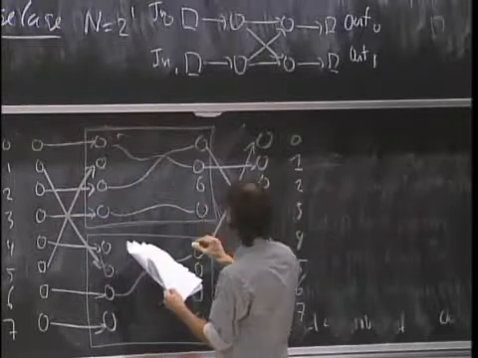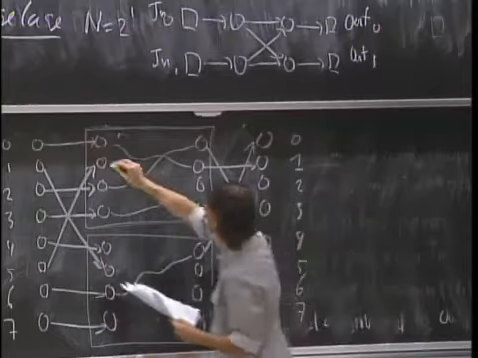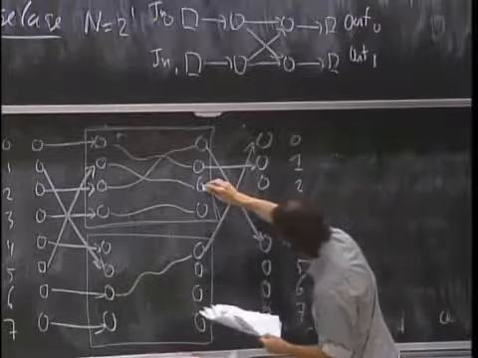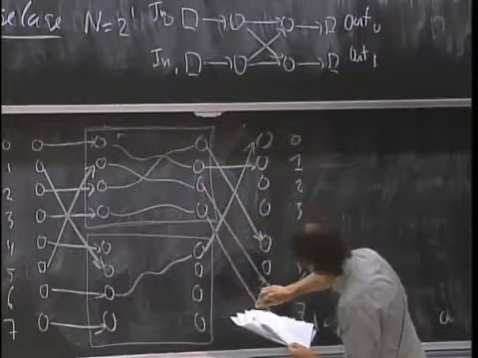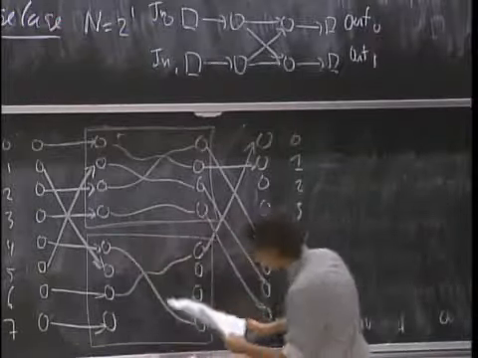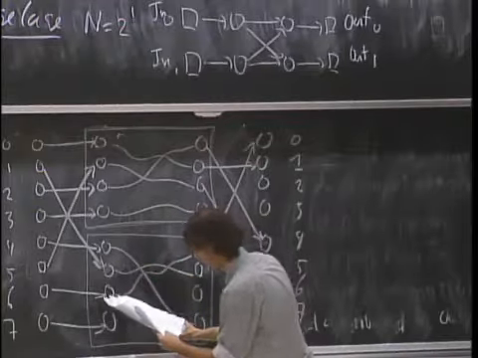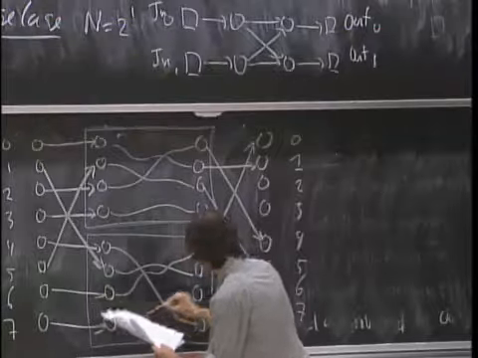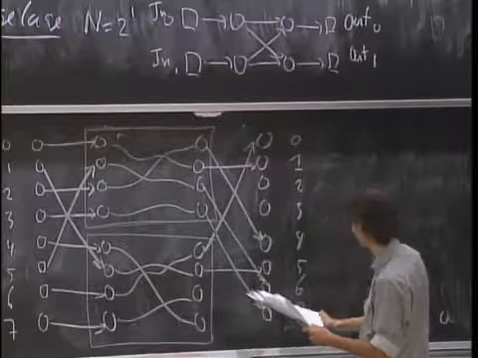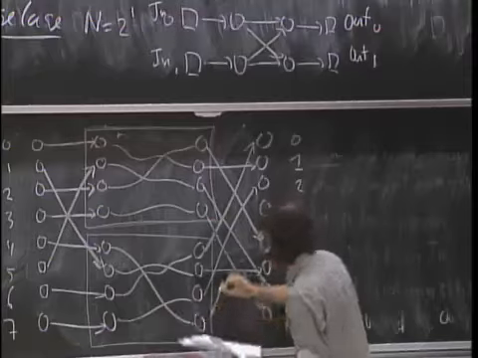And then we have this one, right. So let me just finish it. We have this, and we have these two, and we have this one, we have this one, and we have this one. This one goes straight ahead. This one goes all the way up, and this one goes all the way up.